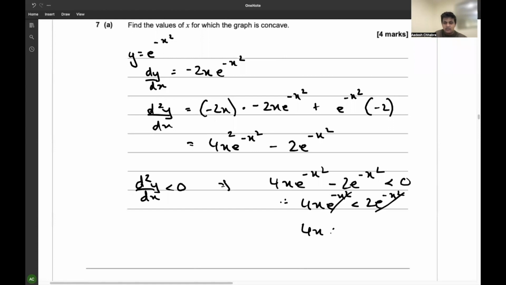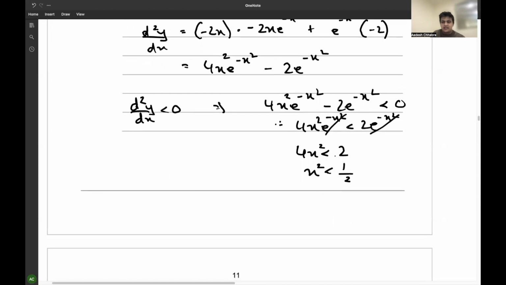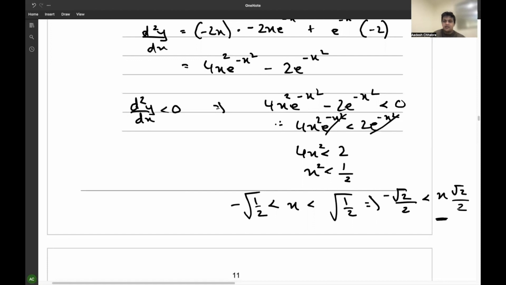So we know that 4x squared must be less than 2, and x squared must be less than a half. And if this is the case, essentially we know that x would be between minus square root of a half and square root of a half. And in proper surd form, this gets converted into minus root 2 upon 2 and root 2 upon 2, hence solving this question.